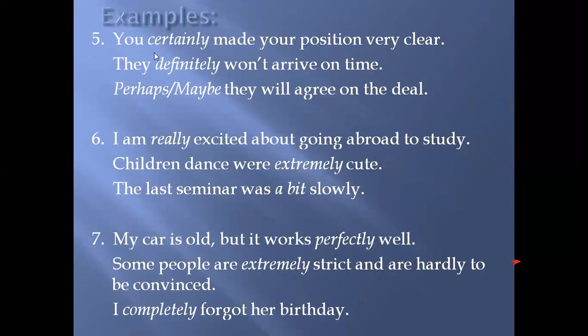So here, this one is easier than the first, exactly. Here, you certainly made your position very clear, or they definitely won't arrive on time. Or perhaps, maybe, as I mentioned, you can use it at the beginning of the sentence, okay?